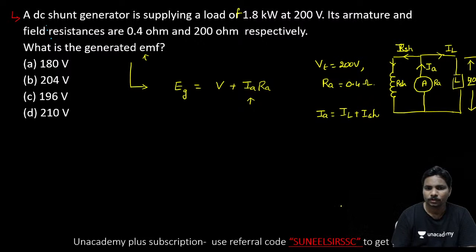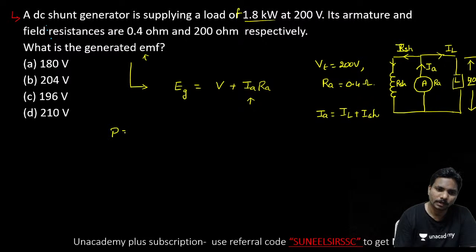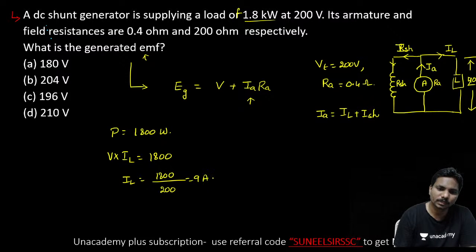The terminal voltage they have given is 200 volt. What is the IL? They have given load power equal to 1.8 kilowatt, so 1800 watts. Power is equal to V into I, that is the load current. So load current is equal to 1800 by 200 volts, so you are getting 9 amps.